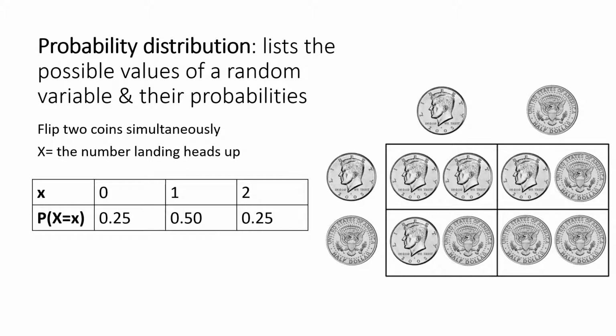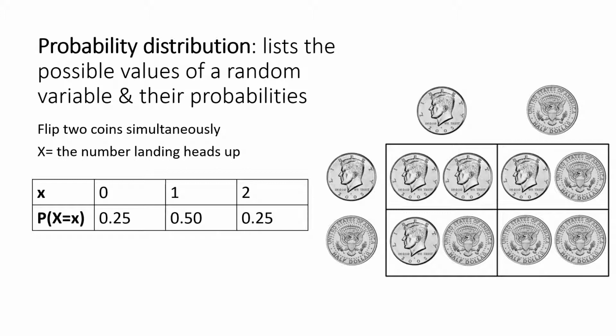A probability distribution lists all of the possible values of a random variable and their associated probabilities. In our example of the 2 coin flips, where x was the number of those coins that landed with heads facing up, the possible outcomes are 0, 1, and 2. We use the small letter x to represent the actual values that might be realized.